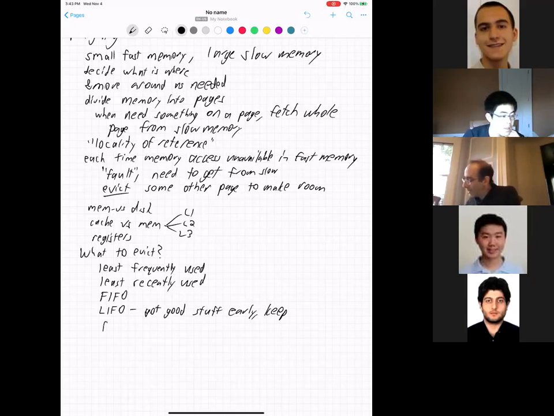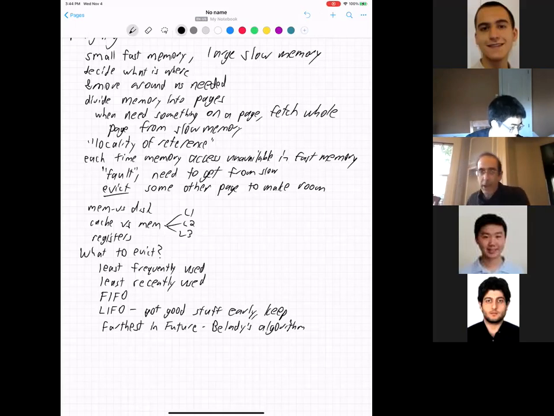Exactly. That's actually what it's called. Farthest in future. Okay. This is also known as Belady's algorithm. Because again, in the old days, you could get your name on anything.